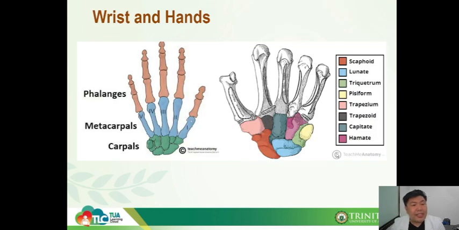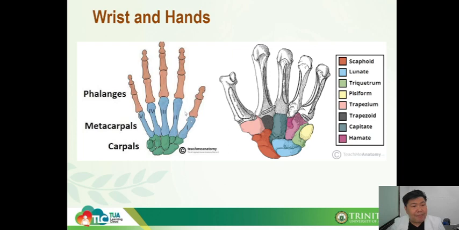Next, we have here the wrist and the hands. So start with the carpals. Pag nasa kamay, carpals. Metacarpals naman are numbered from the first digit, which is the thumb, going medial. Kasi 'di ba sa anatomical position, the thumbs are lateral.